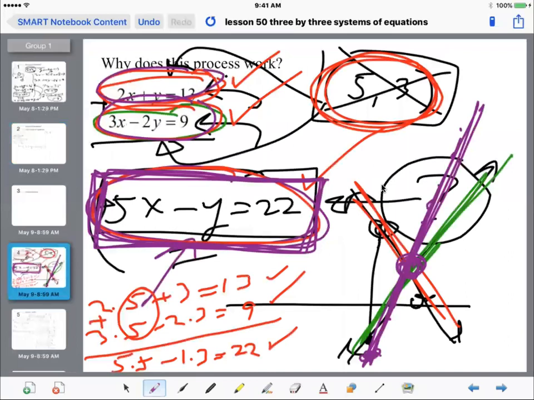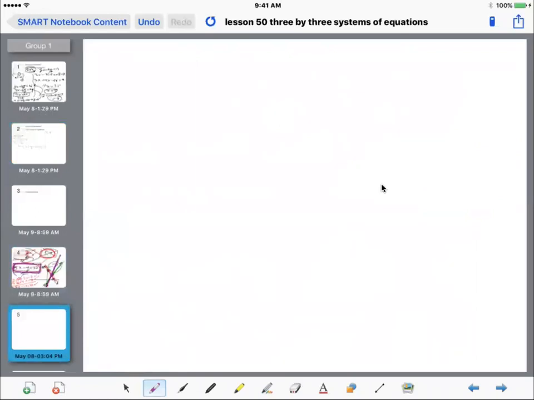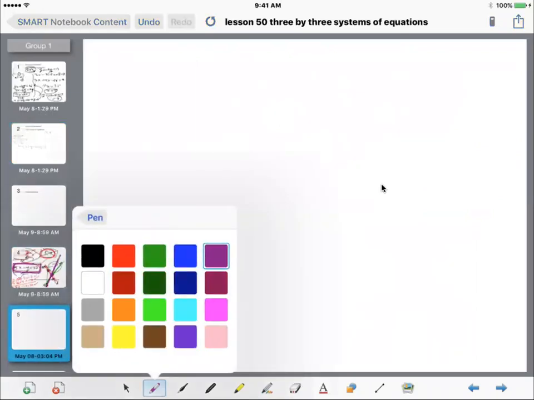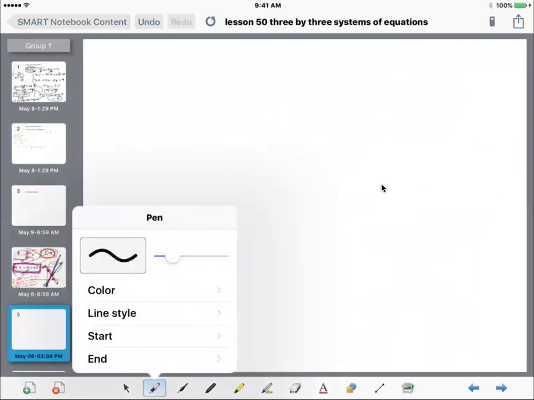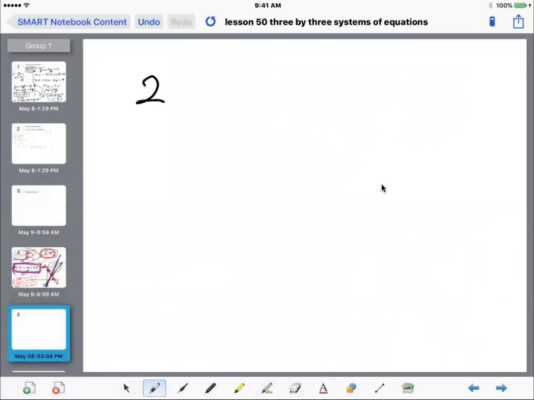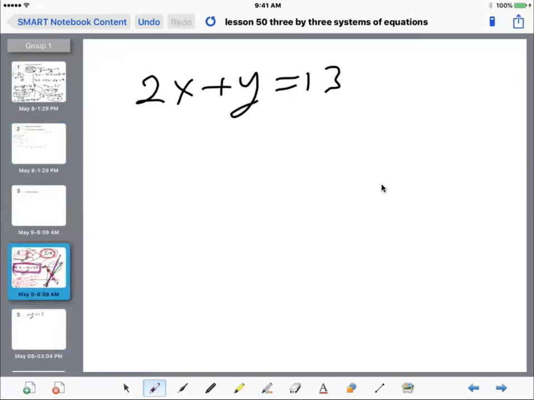let me bring up a new page. 2x plus y equals 13. And the other one was 3x minus 2y equals 9.